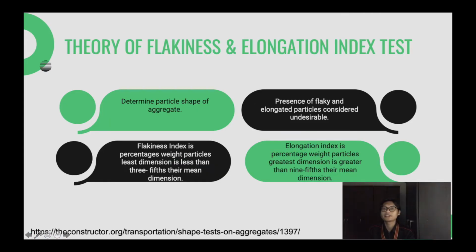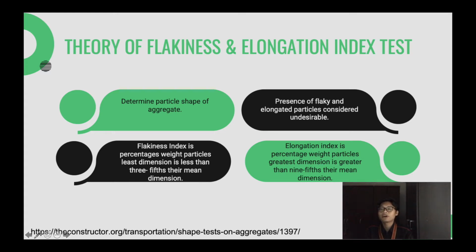Theory of flakiness and elongation index test. Particle shape of aggregate is determined by the percentage of flaky and elongated particles contained. The presence of flaky and elongated particles are considered undesirable as this causes inherent weakness with possibilities of breaking down under heavy load.